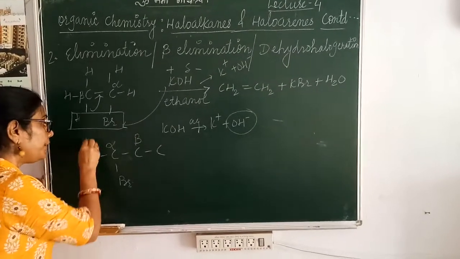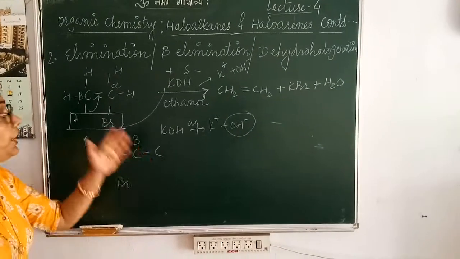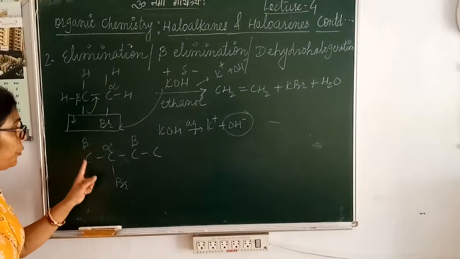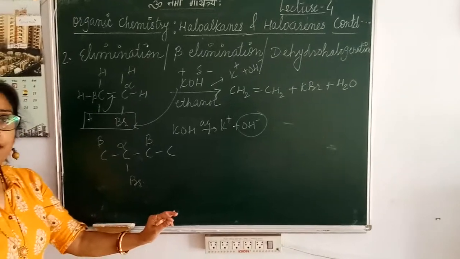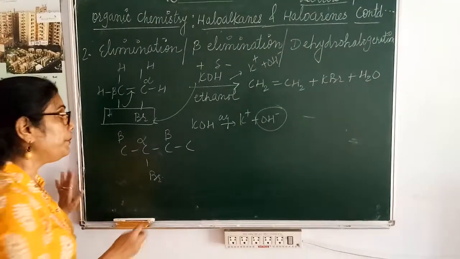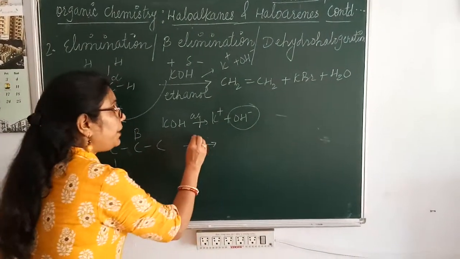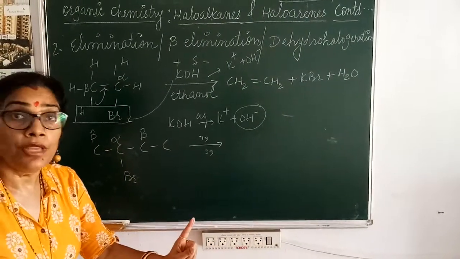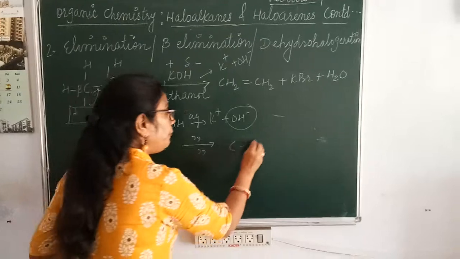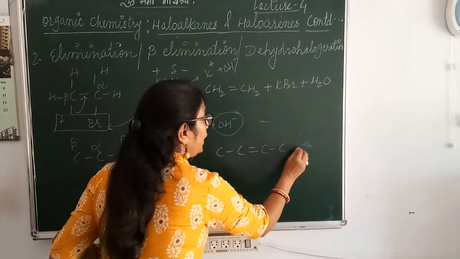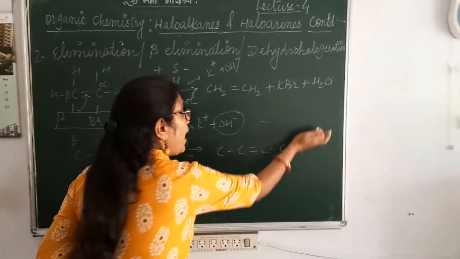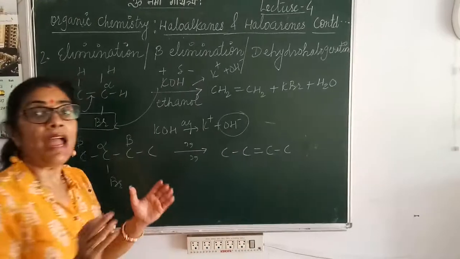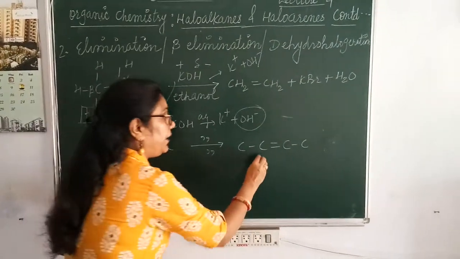And not only that, if there are two beta carbon atoms, here only one was there. So when two beta carbon atoms are there, I hope everybody remembers, then the elimination would take place according to Saytzeff's rule. So that alkene will be the major one in which the carbon-carbon double bond is maximum alkylated.